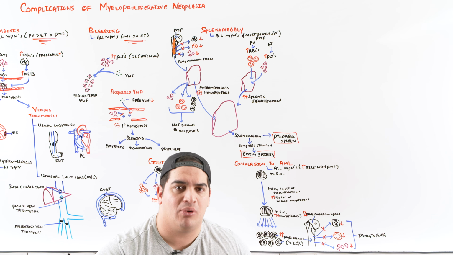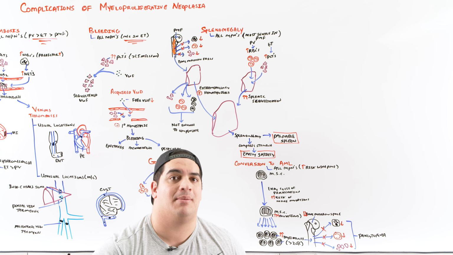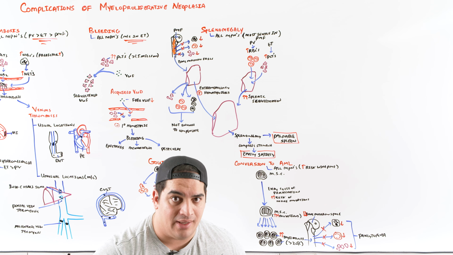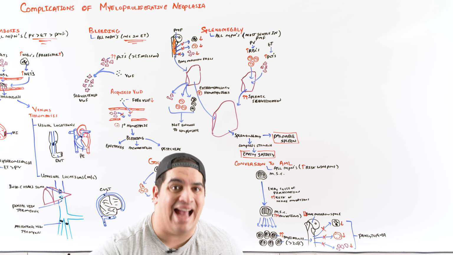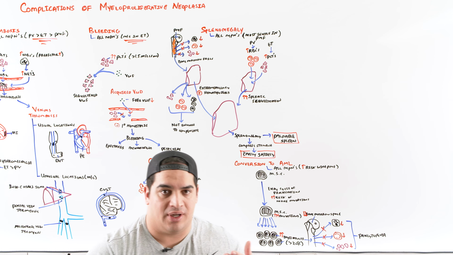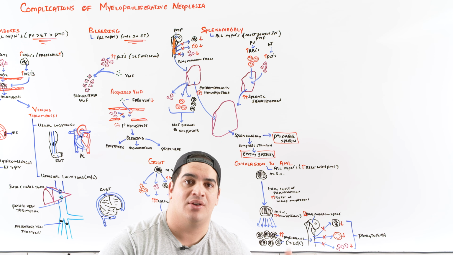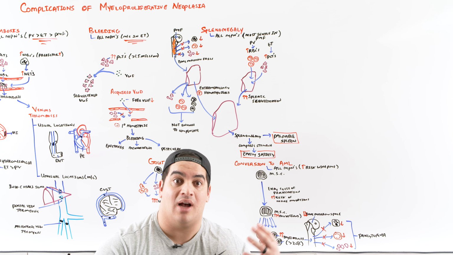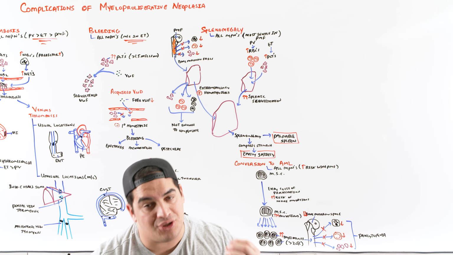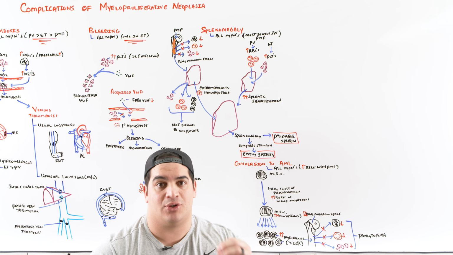So myeloproliferative neoplasia is oftentimes a disorder that can present with thrombosis, bleeding, splenomegaly, gout, and increased risk of converting into AML. You're going to see thrombosis more commonly with Polycythemia Vera due to the hyperviscosity syndrome. You're going to see the erythromelalgia component more commonly in essential thrombocythemia.